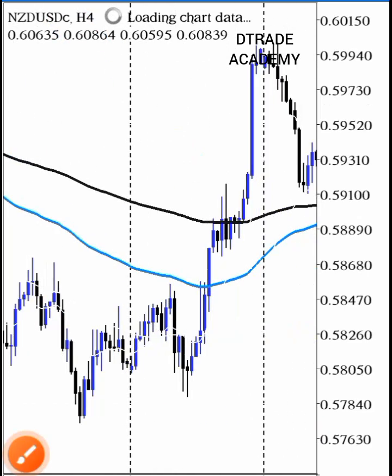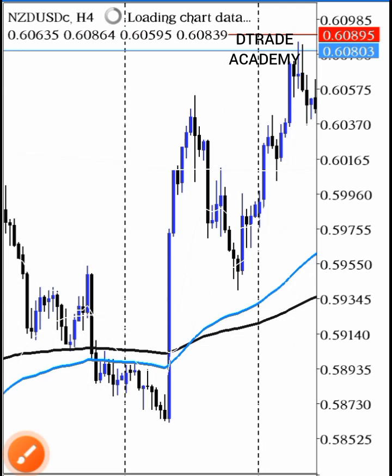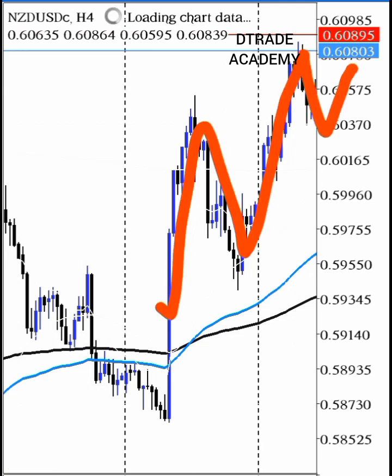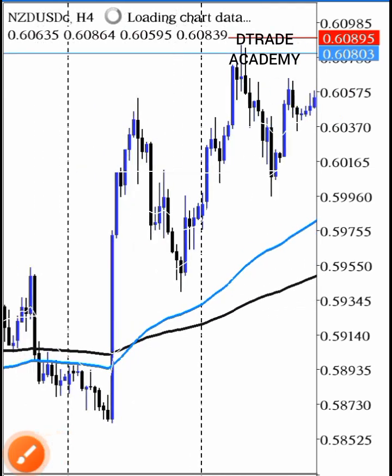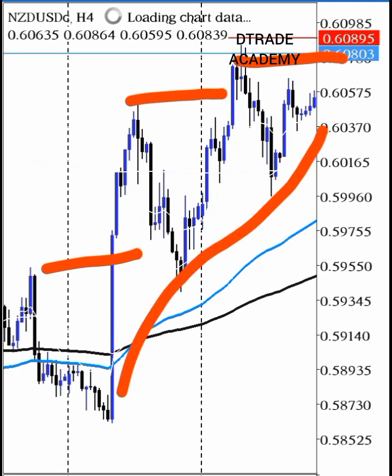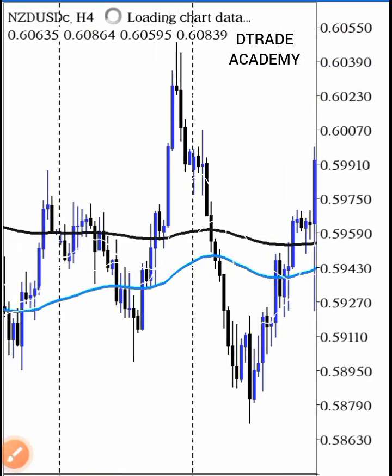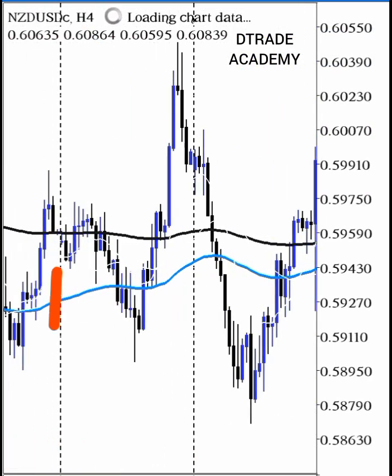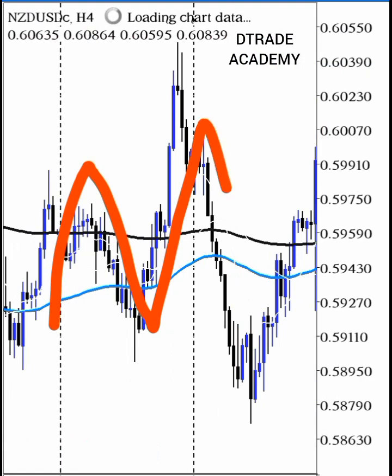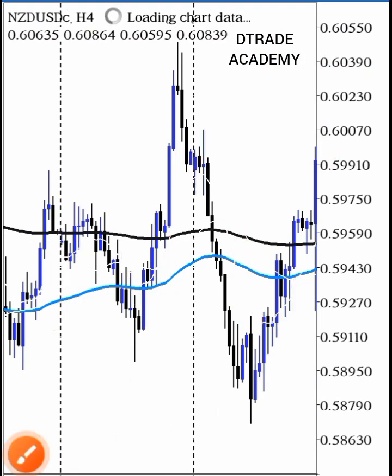Once price is above the moving average, pushing to the upside, that means price is breaking structure to the upside. We are in an uptrend. Once price doesn't have a particular direction, you can see price is just all over the moving averages. In this scenario, we stay away from such pairs.